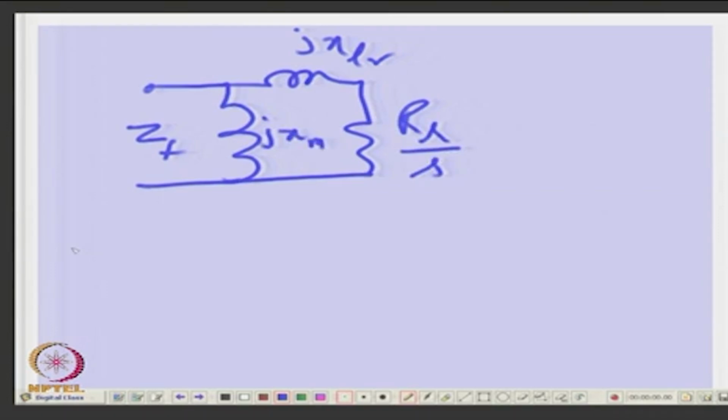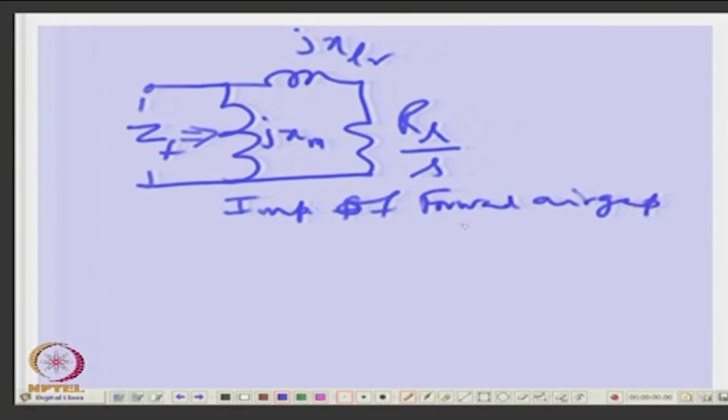Please understand at this point, I have not taken XLR by 2, okay. ZF is this impedance as seen from the air gap; ZF is the impedance of the forward field. That means the impedance of the rotor looking from the air gap.